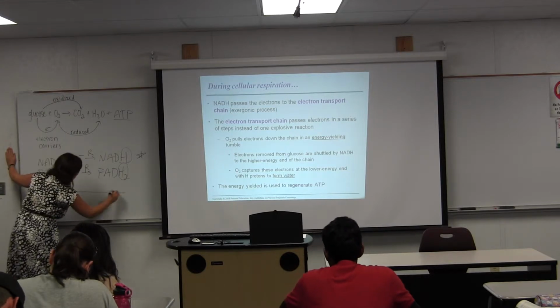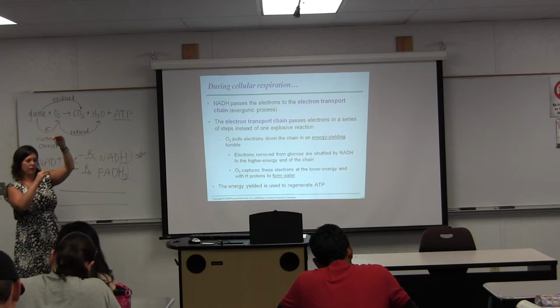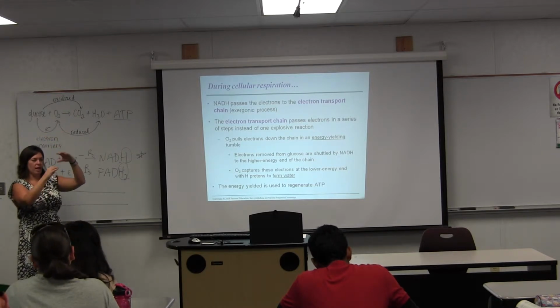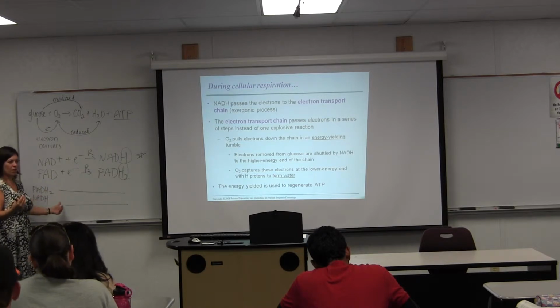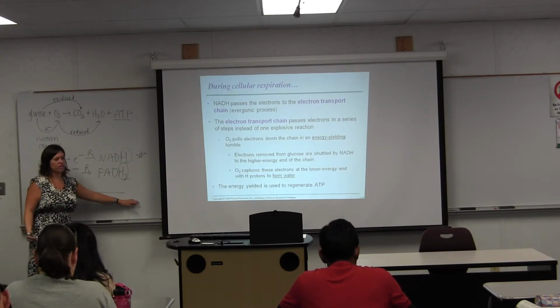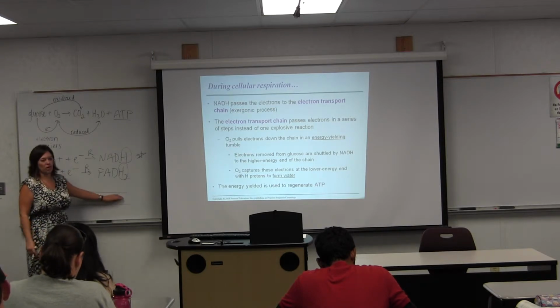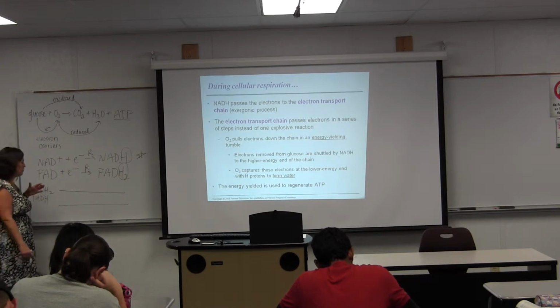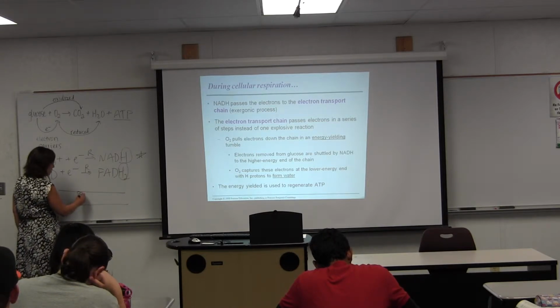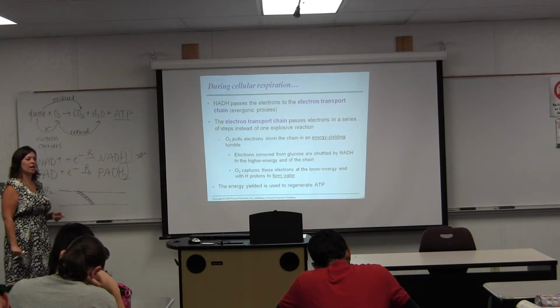Remember the mitochondria has those double phospholipid membranes, right? Cellular respiration is mostly occurring on that inner mitochondrial membrane, the most internal membrane of the mitochondria. Within that membrane you've got a series of proteins, and these proteins make up the electron transport chain.